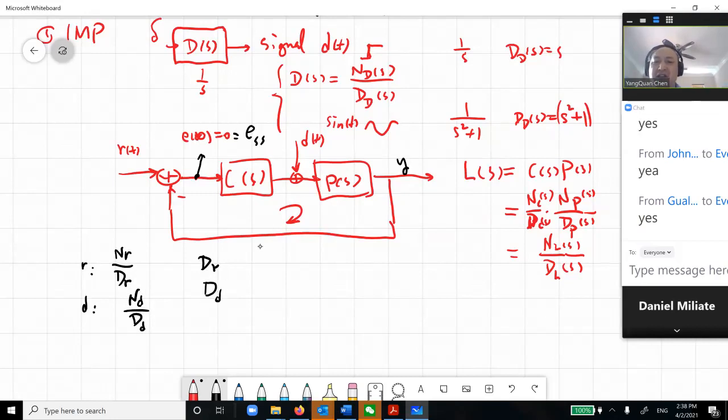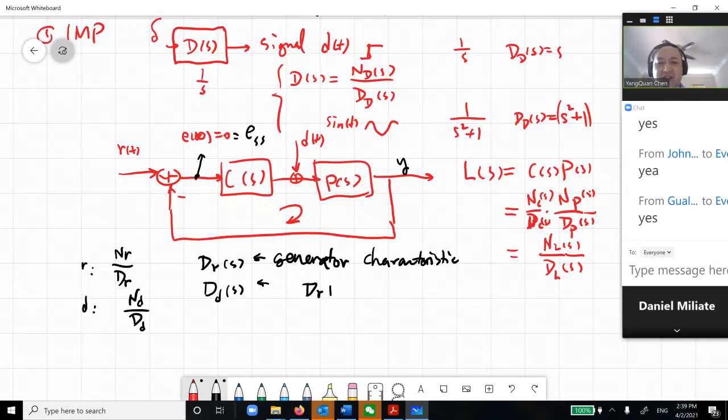So this DR and DD, one is a reference, one is a disturbance. So this is called the denominator of the generators, the generator characteristic polynomial.